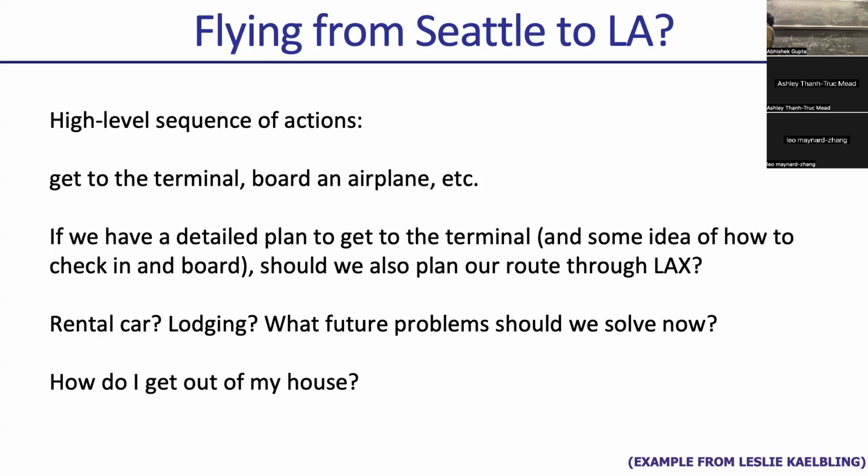And so any planning problem has multiple levels of abstraction, and in this class, we're only going to study the lowest level of abstraction. So in any practical planning system that you deploy, you will probably have some sort of discrete planner at the highest level, then an intermediate level planner, and then a low level planner which decides the series of motions that help me get out of my house.